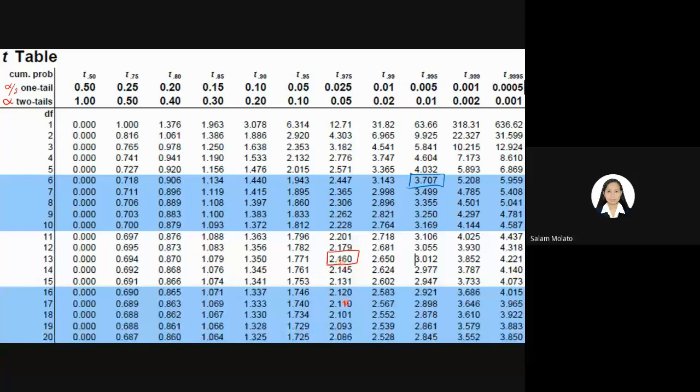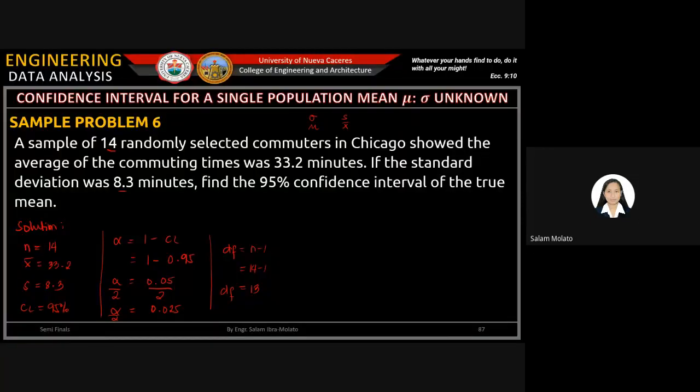Therefore, that is 2.160. Therefore, t alpha over 2 is 2.160. Okay po? Alright.